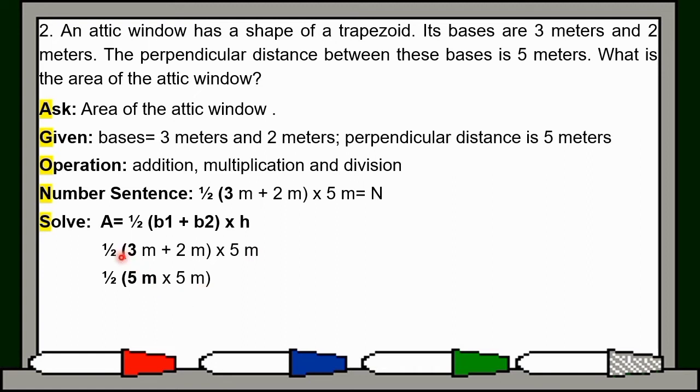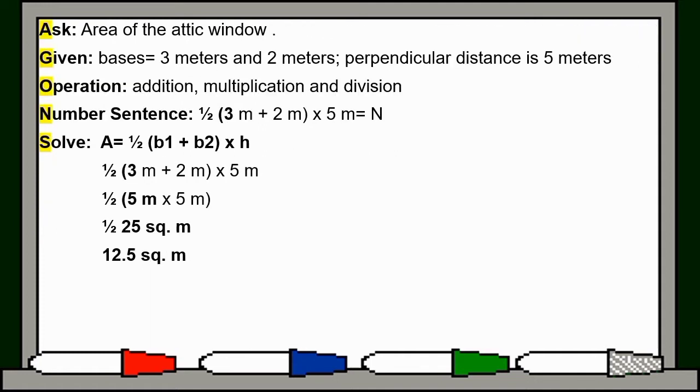We have 1/2, and then 3 meters plus 2 meters is equal to 5 meters, times our height, which is 5 meters. So 5 times 5 is 25. So we have 1/2 of 25 square meters. And the answer is an area of 12.5 square meters.